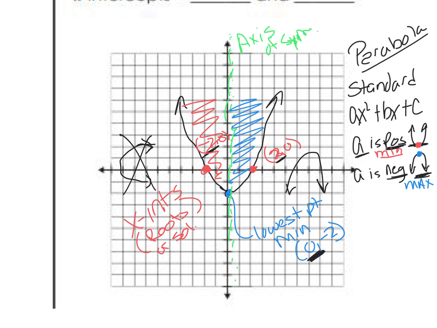In saying that, 2 and negative 2 were our intercepts, and 0 was the x-coordinate of our vertex. They're the same distance apart. From the axis of symmetry, it's 2 units to our x-intercept on each side, because each side mirrors the other. I wanted you to make that connection.